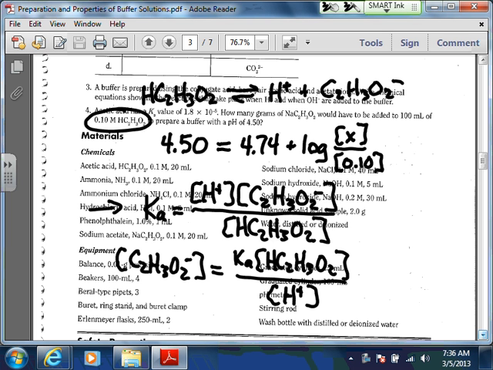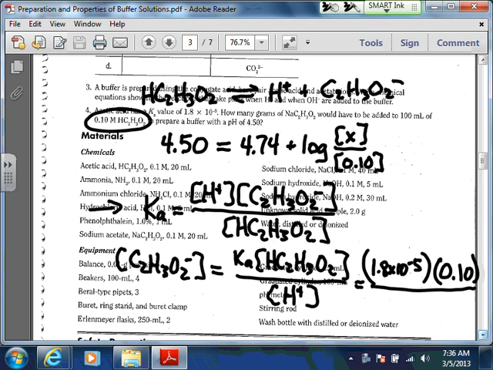So again, our Ka is 1.8 times 10 to the negative fifth, times 0.1, because that's our acetic acid concentration. Again, we're assuming that so little of that dissociates that even in our equilibrium solution, we still have about 0.1 concentration.